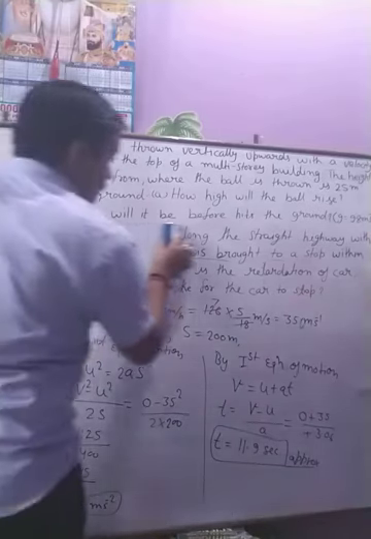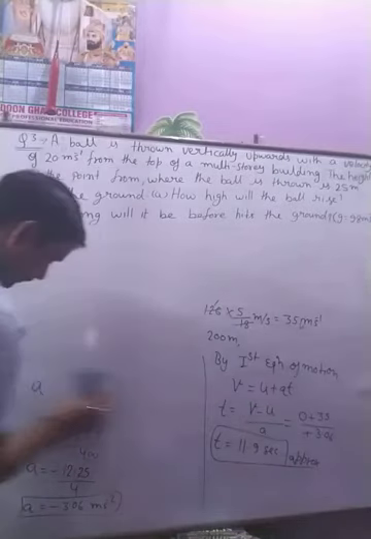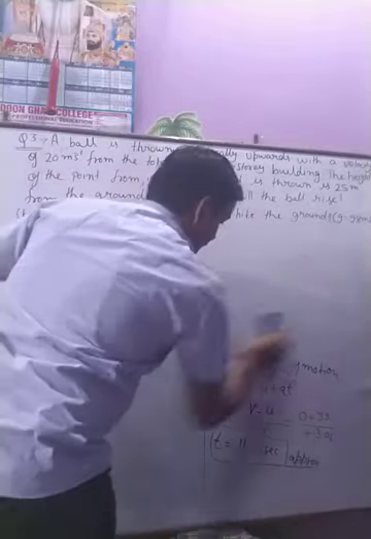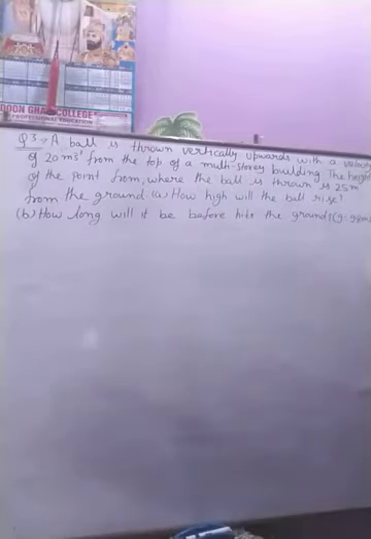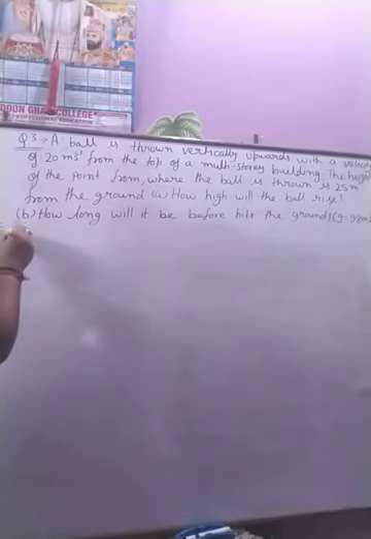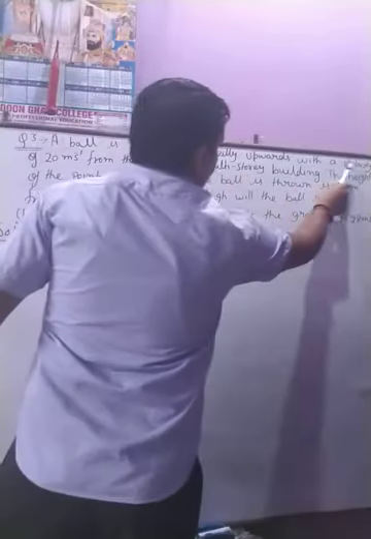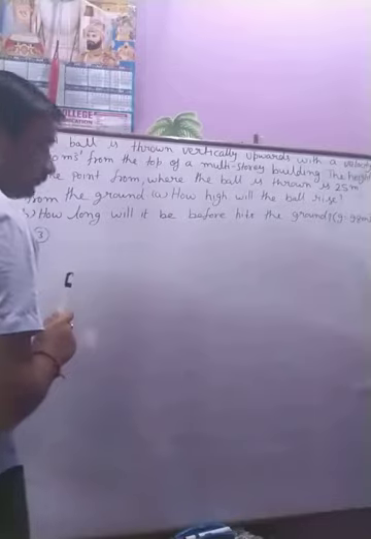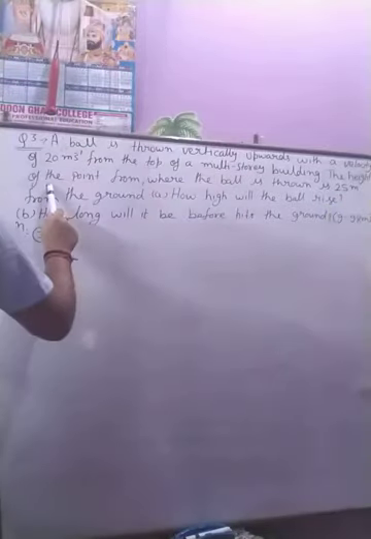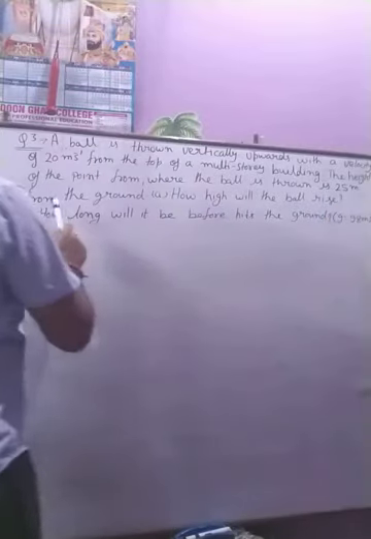Okay, now we are going to solve the next problem. Okay students, for this problem, solution number 3, we have the problem: a ball is thrown vertically upward with a velocity of 20 meter per second from the top of a multi-story building, and it is found that the height of the point from where the ball is thrown is 25 meter from the ground.